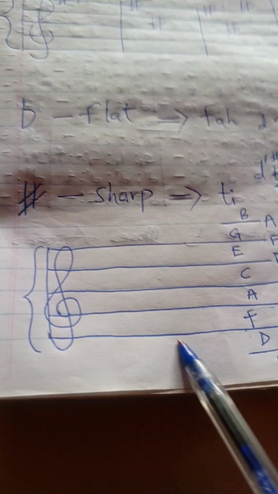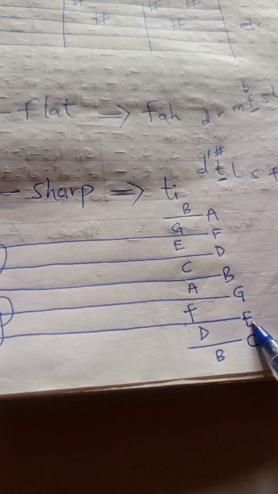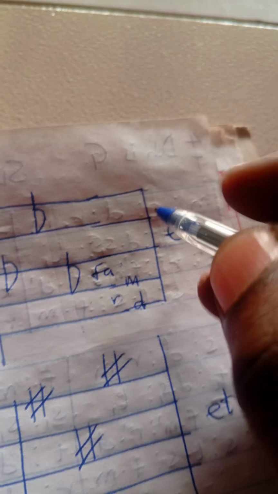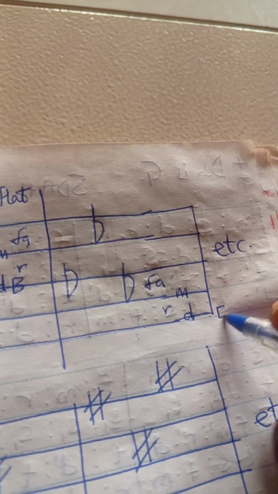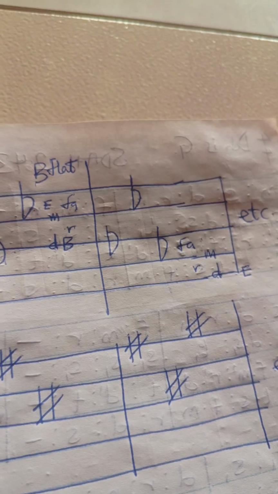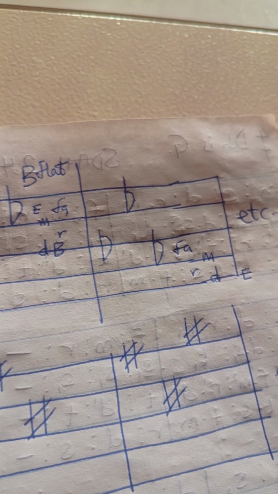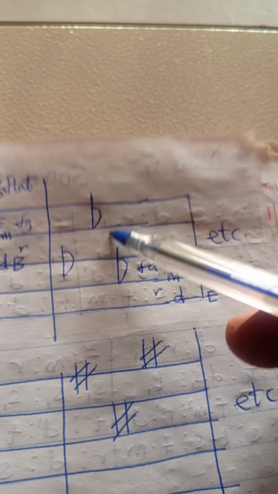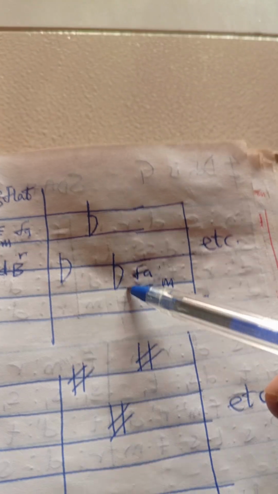What key is this? Let's use this one, our reference stuff here. The first line is E. So we have key E here. So this music is written in the key E. But let's see this space.